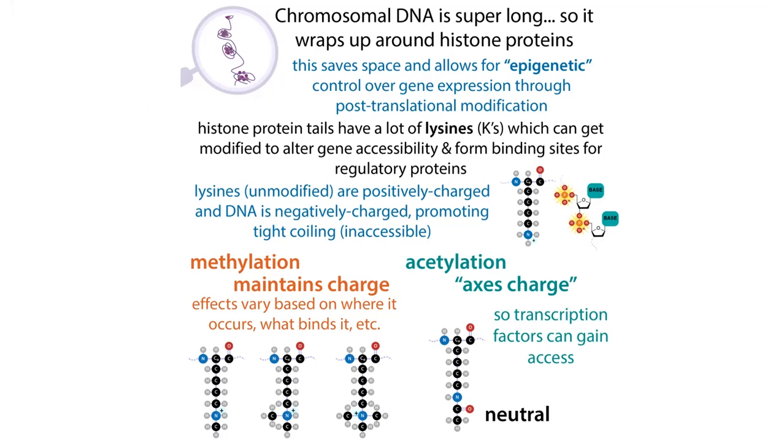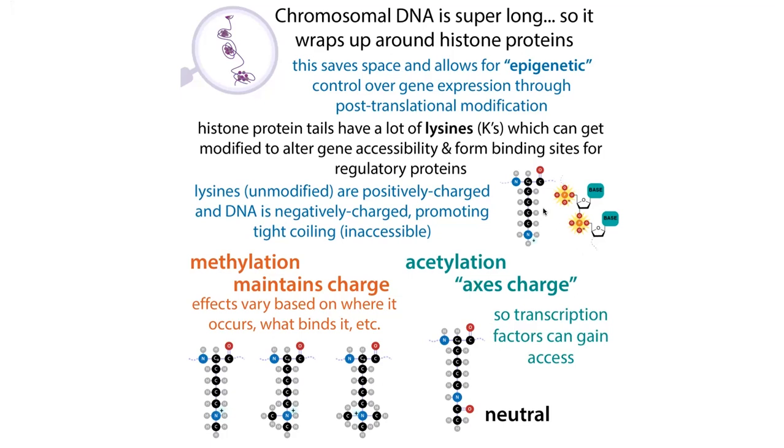We can do that by acetylating it. So by adding this acetyl group, this is going to neutralize the lysine. And if it's neutral, well, now it doesn't have that strong drive to hang out with the DNA. And so this can kind of loosen up our nucleosome so that transcription factors can gain access.